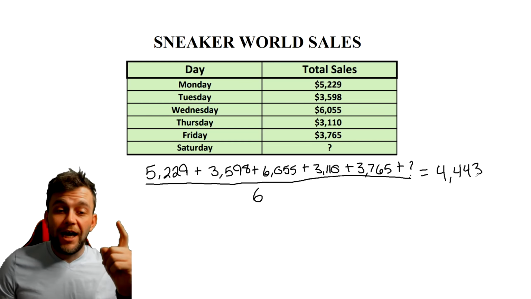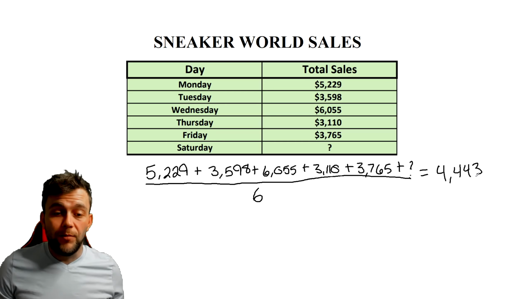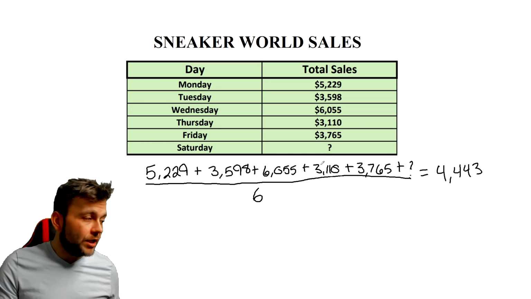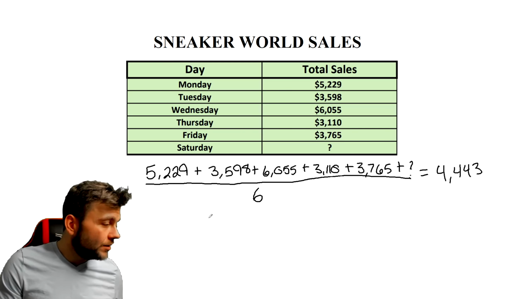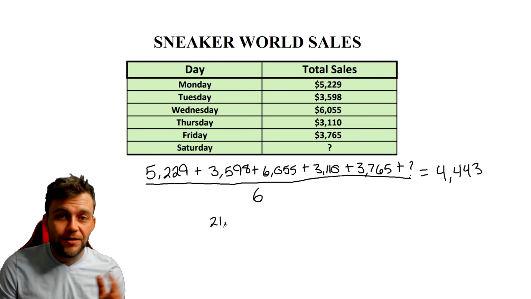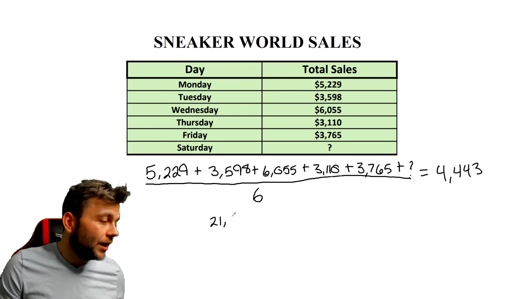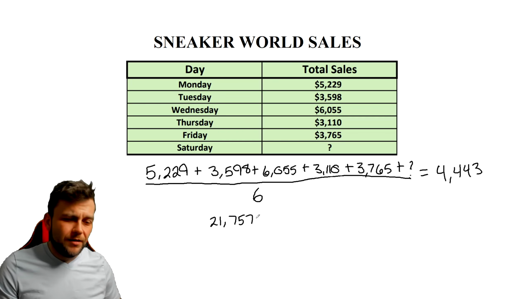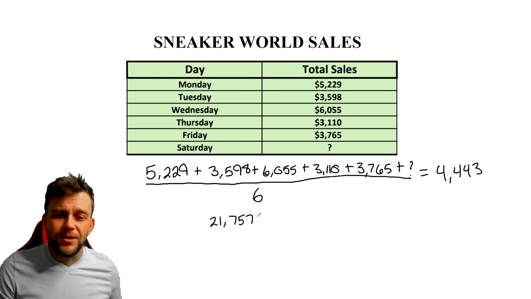Now, how do we go about doing this? Well, the first thing I would do is add all of these numbers up. So when you add all of these numbers up, you get 21,757. Double check that. Yep, 21,757.